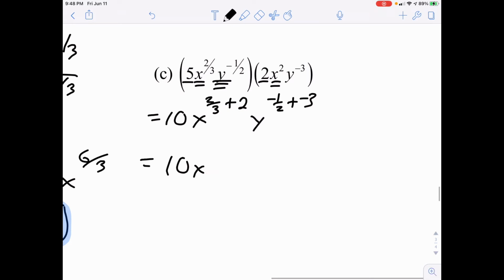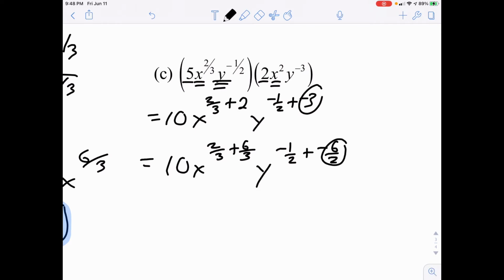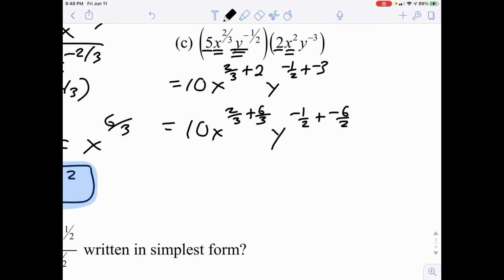Well, this becomes 10x to the 2/3 plus 6/3. 6 divided by 3 is 2. Times y to the negative 1/2 plus negative 6/2. 6 divided by 2 is negative 3. Well, this is 10x to the 8/3 times y to the negative 7/2.